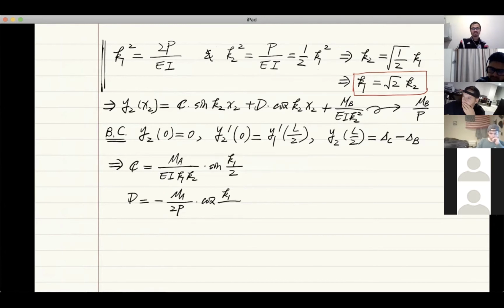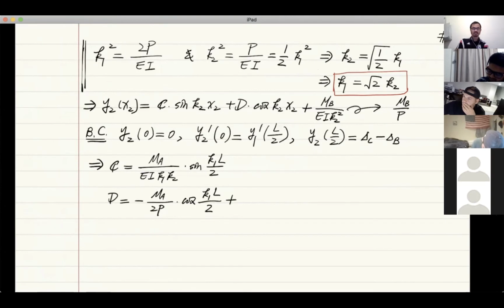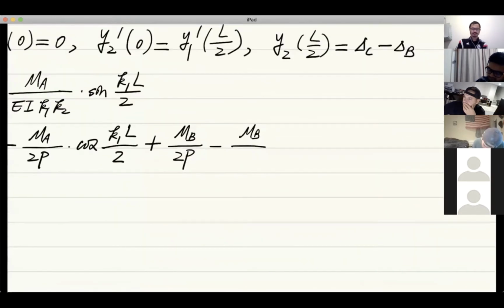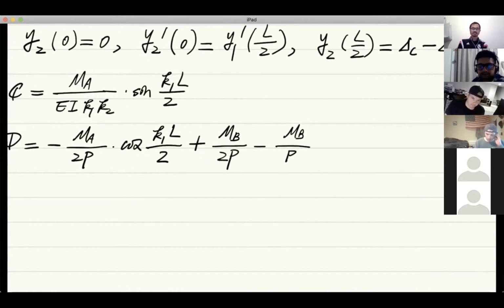This is K1 times L. And cosine K1 L over 2 plus MB over 2P minus MB over P. Now, of course, you know that the last two terms can be combined.